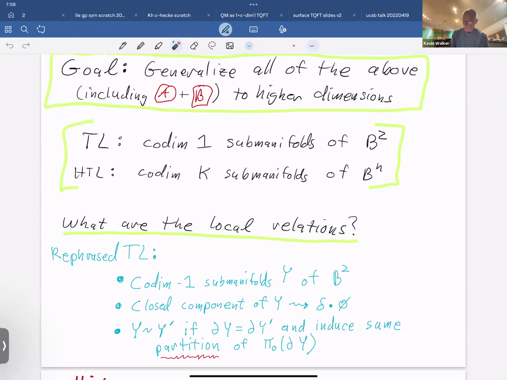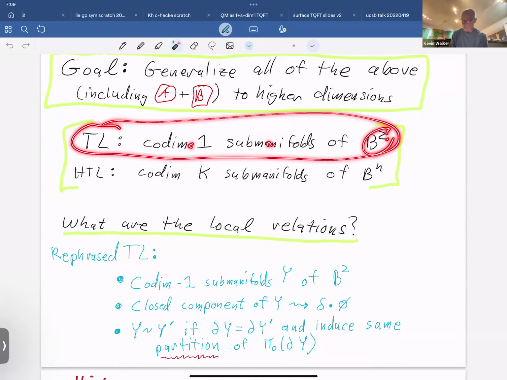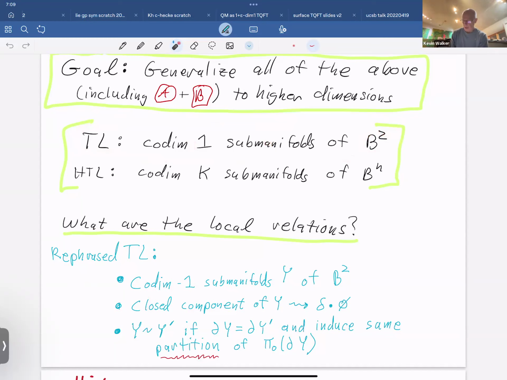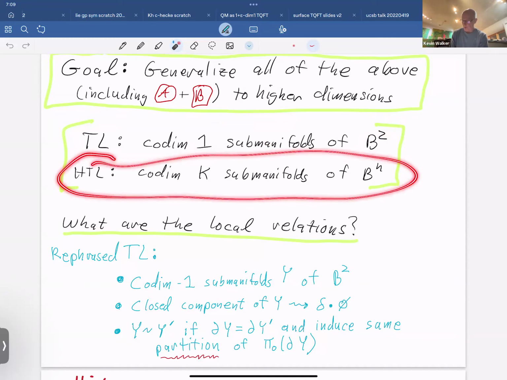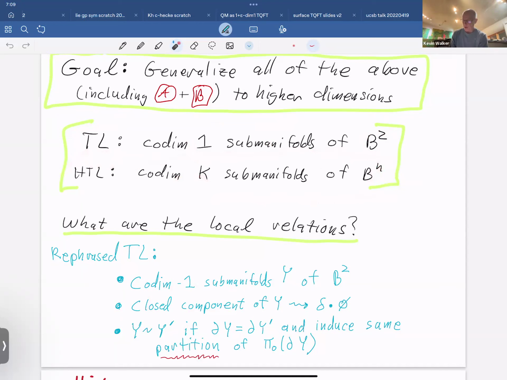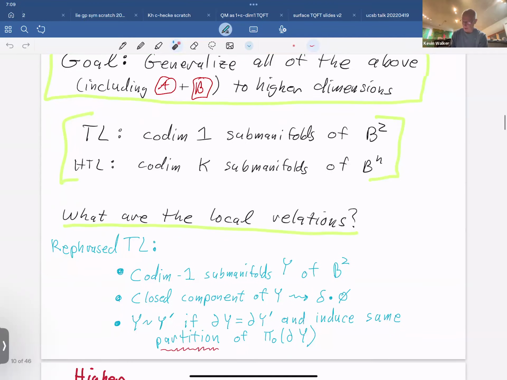Okay, so Temperley-Lieb is built out of codimension 1 submanifolds of a two-dimensional ball. And for this higher Temperley-Lieb, we're going to take codimension k submanifolds of an n-dimensional ball. And what kind of local relations do we want to put on there? So let me rephrase Temperley-Lieb in a way that obviously generalizes to higher dimensions.